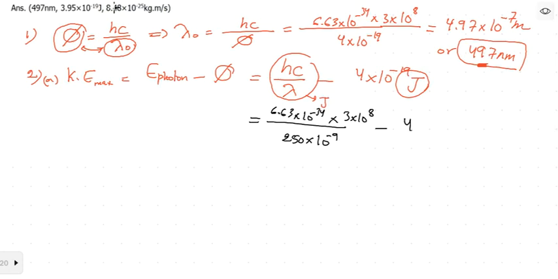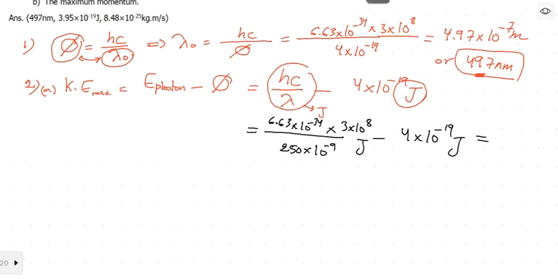So here we have a joule and here we have a joule, so the answer will be in joules. The final answer will be 3.95 times 10 to the power minus 19 joule.